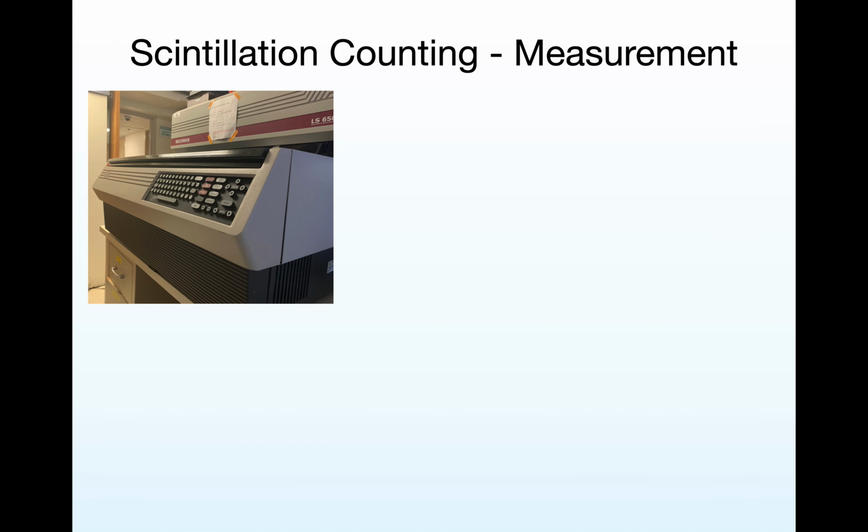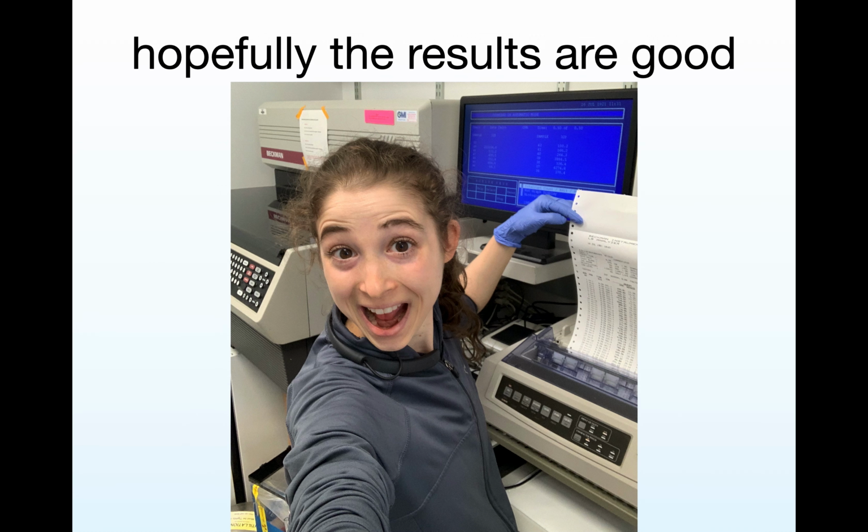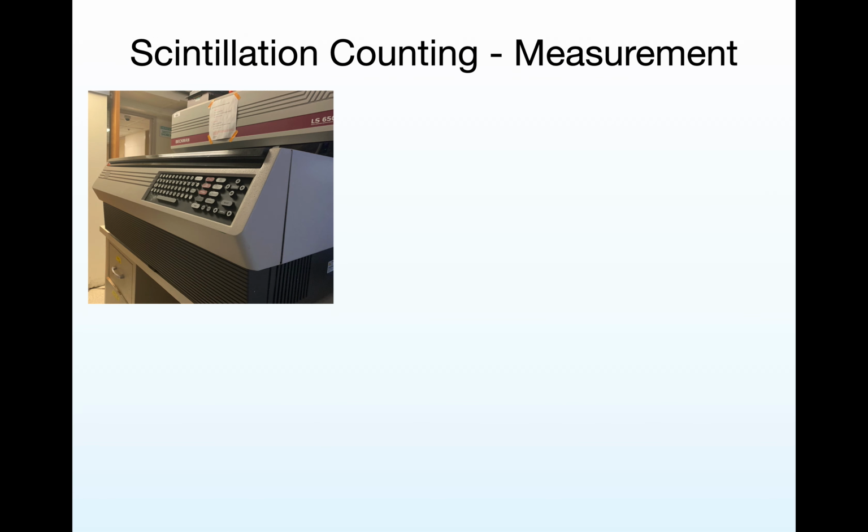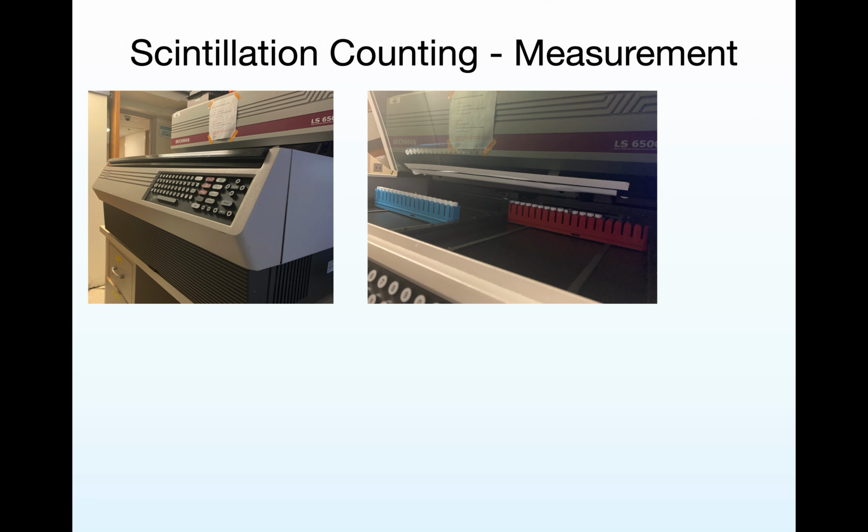it in this machine, the scintillation counter. It has these racks, and you put the vials in there, and then it takes the racks and moves them back and then to the side and goes one by one, and then it moves forward and makes these loud noises. And it's really cool.